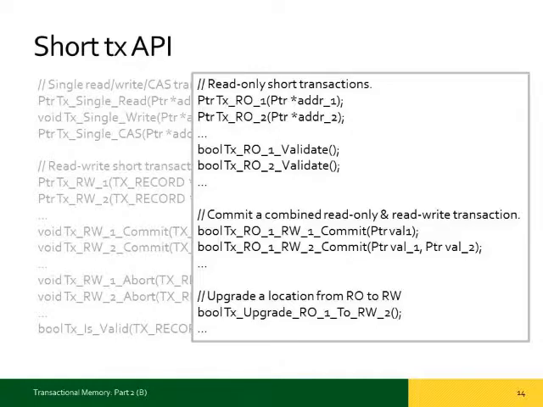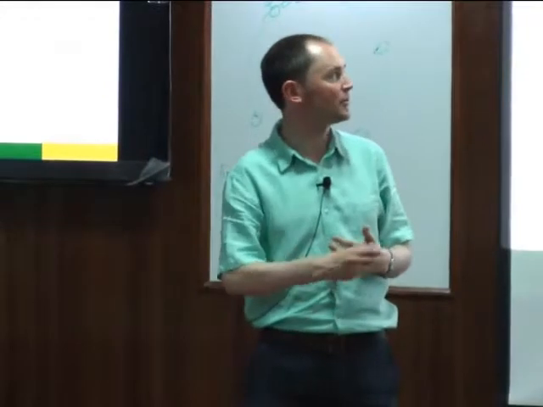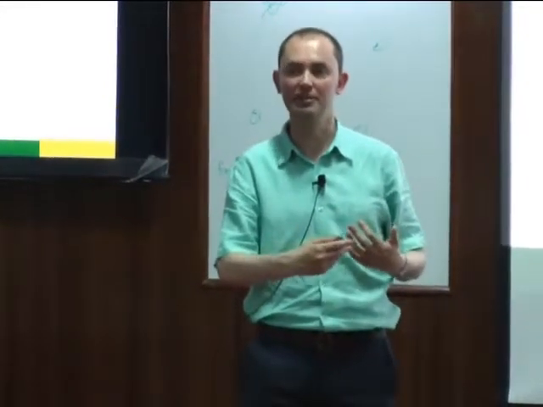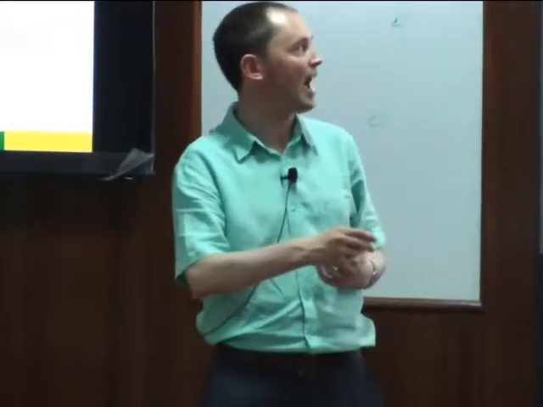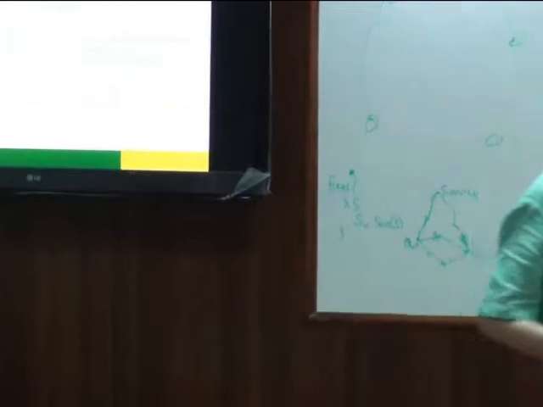There's another API for dealing with multi-word transactions that are read-only, and this is exploited in the implementation to give better scaling. So we have a similar API for the first, second, and so on reads that we do in a read-only transaction. And then we have validation functions as before. And finally, if we have a transaction that reads from some locations and writes to others, these two APIs can be used in combination with each other.